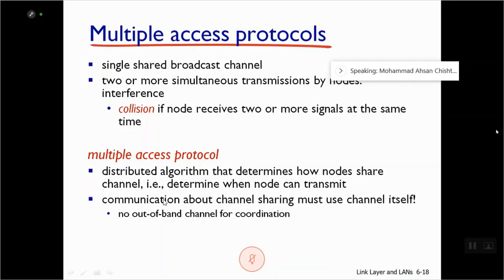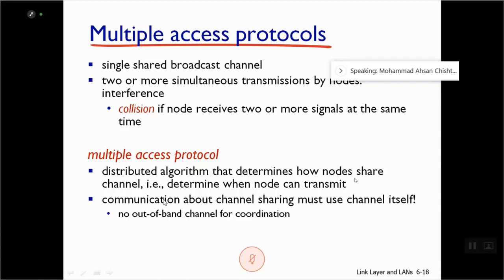If two nodes simultaneously start a transmission, the signals collide with each other. Due to this collision, you would get erroneous data, or have a problem in getting the data itself. Typically, if a frame collides, then that frame is lost. So this is basically what multiple access protocols are about.